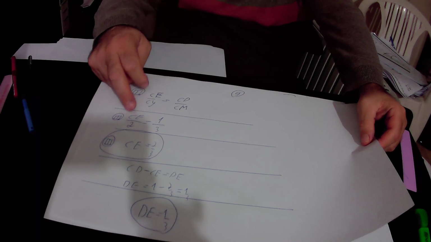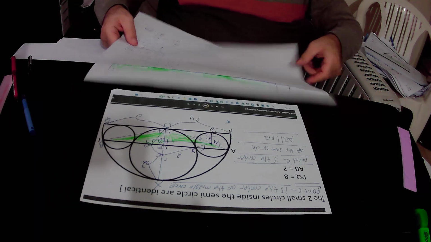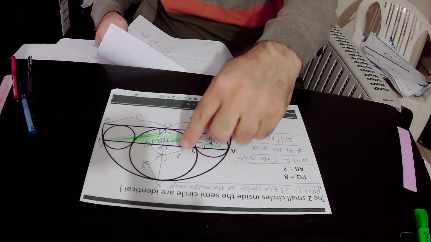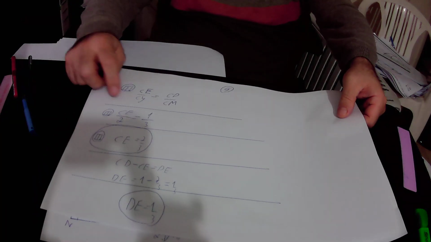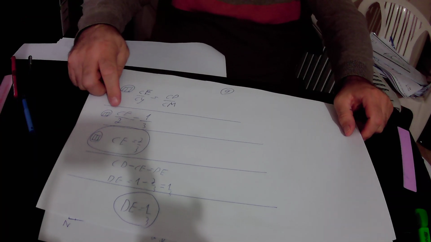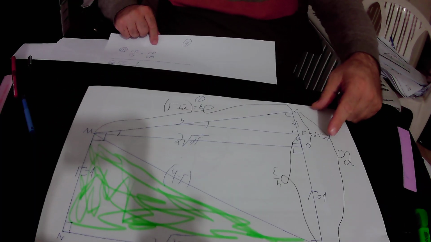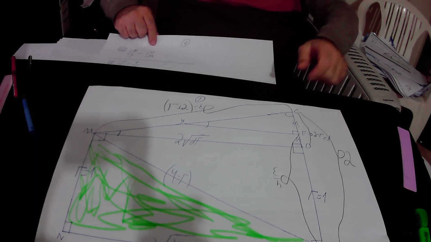CE over CY. What is the value of CY? You can see from here that CY equals 2 units. It is the radius of the middle circle. And CD equals 2 minus R, and R is 1, so CD equals 2 minus 1, that is 1.